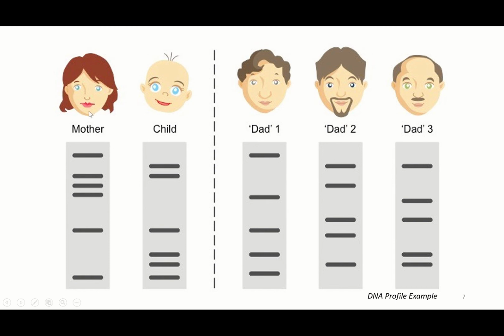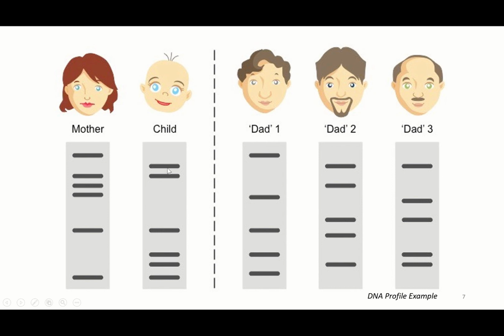Now, here you see five people: the mother, the child, dad one, dad two, and dad three, and their corresponding DNA profiles. Now, this is where the water gets a bit muddy, you see. The child's DNA profile has 1, 2, 3, 4, 5, 6 strands.